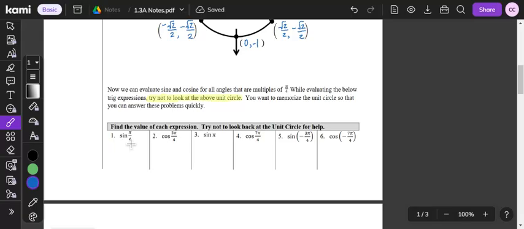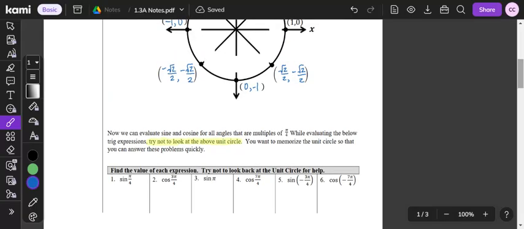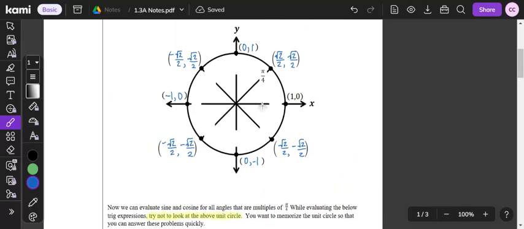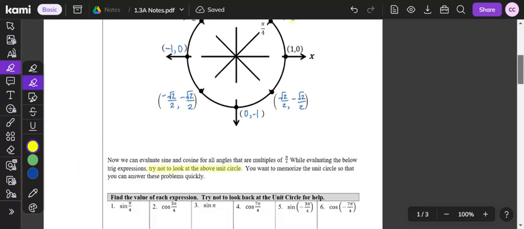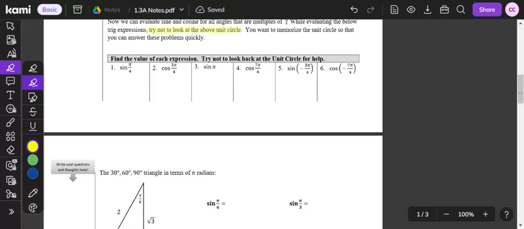If you have your unit circle memorized, you should know that when you go to pi over 4 radians and you look at these coordinates, the y-coordinate is the sine value. So if you're asked what the sine of pi over 4 is, that is root 2 over 2. Okay? So I can write that in here.